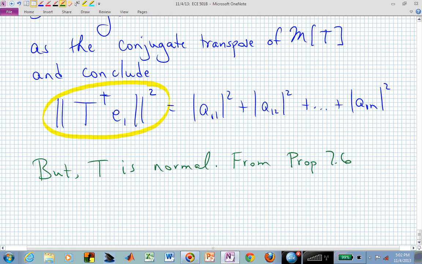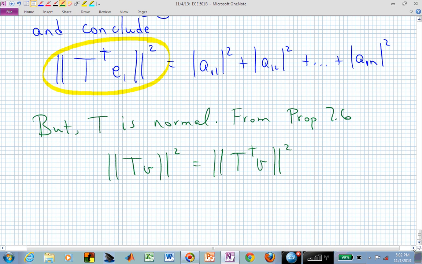From proposition 7.6, we know that the norm squared of Tv is equal to the norm squared of T dagger v. And we can now just take v to be E1, because that's true for any vector.